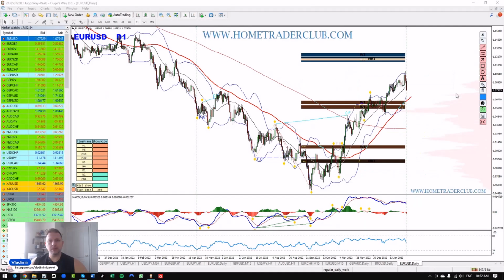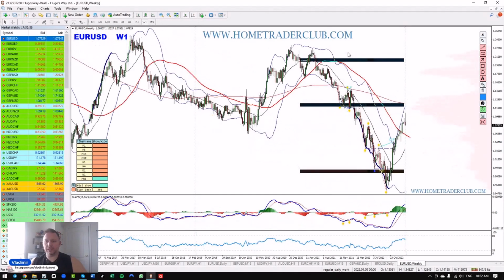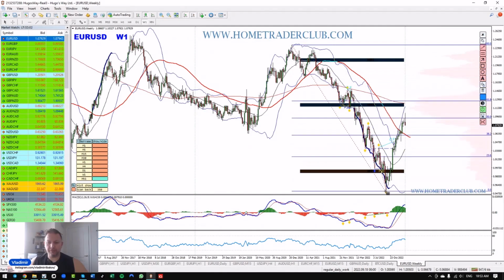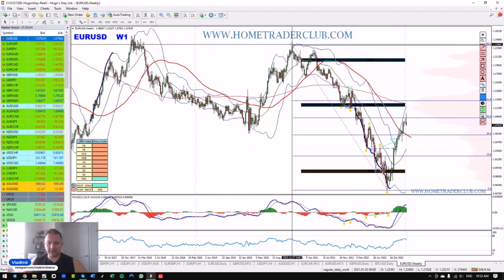So the euro dollar has a very interesting combination here. If we go to the weekly chart, what we will see, plotting Fibonacci on the full bearish leg started at December 2020, believe it or not, then you can see that the euro dollar is bouncing directly off 50% Fibonacci retrace.